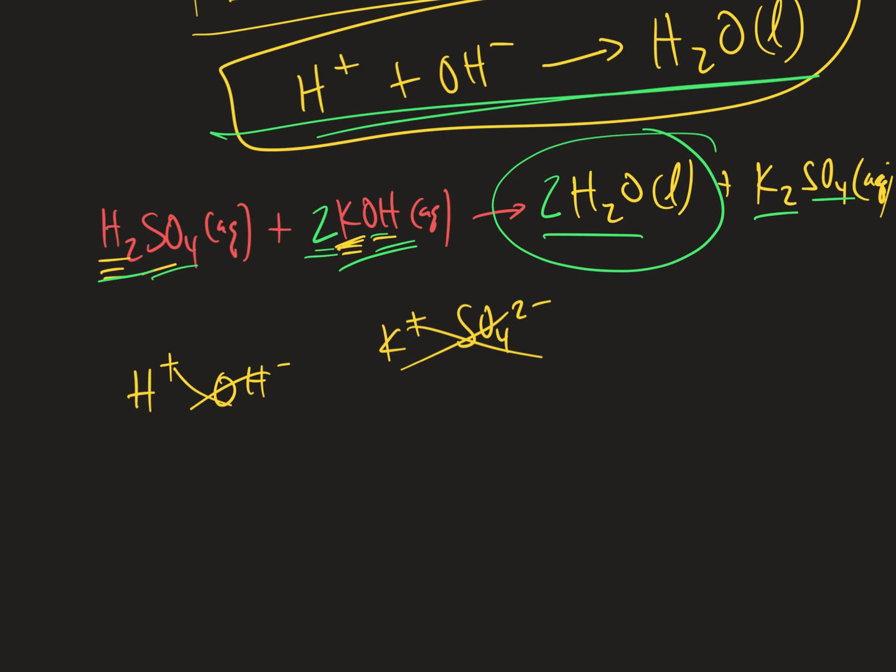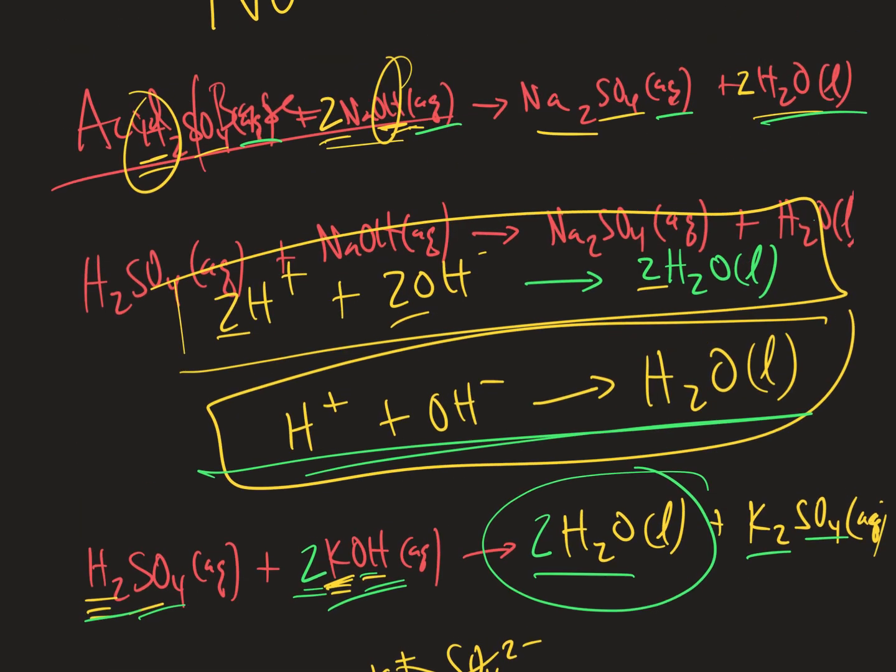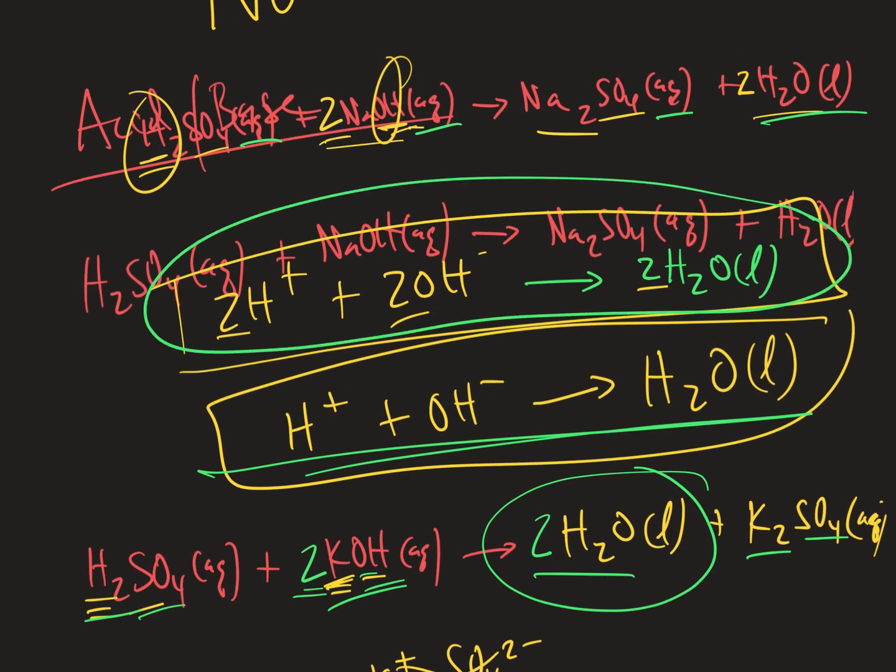How are we feeling? When we're writing the net, do we not include the 2 in front of the H? So we don't write it as 2H? Well, like we did on this one, since they all have a 2 in front, can I simplify that? And that's why.